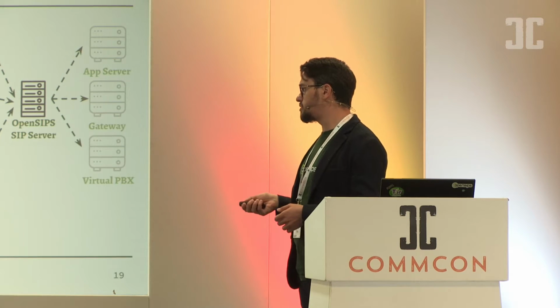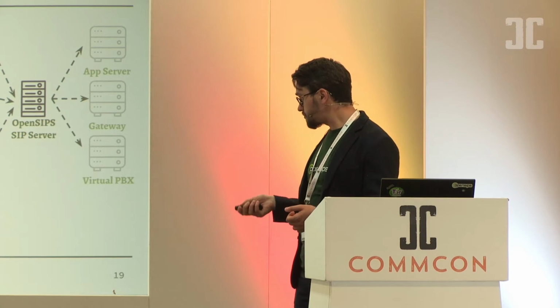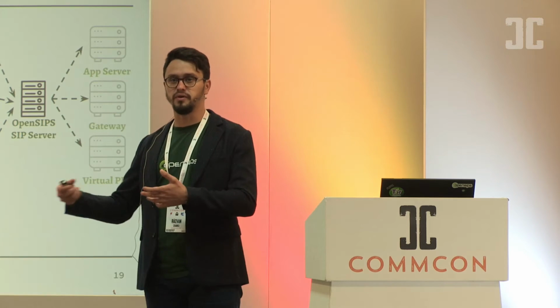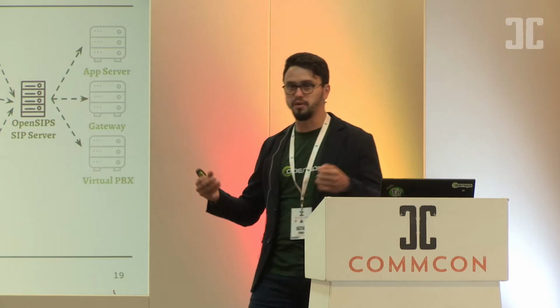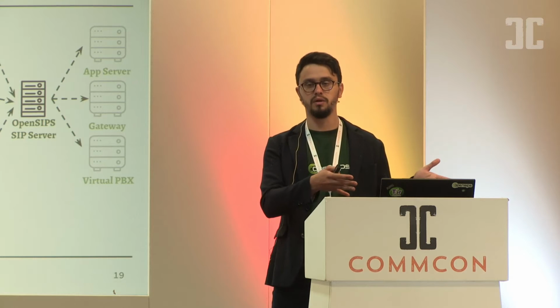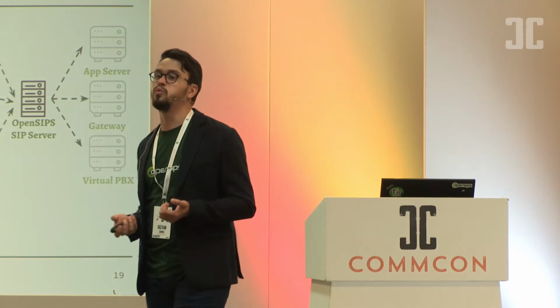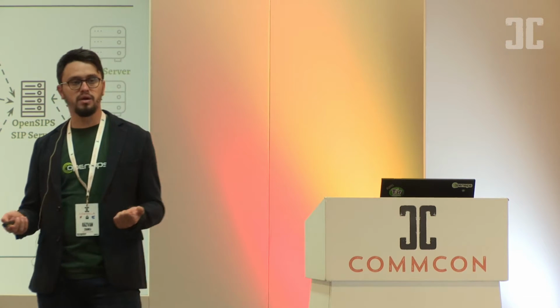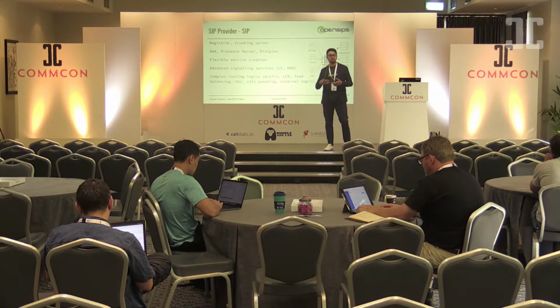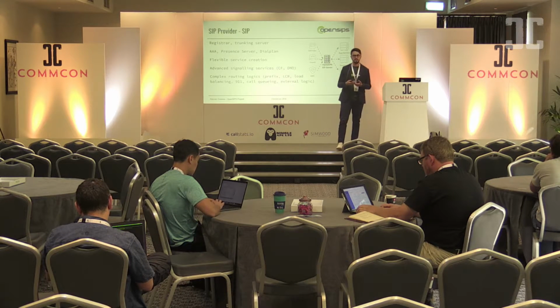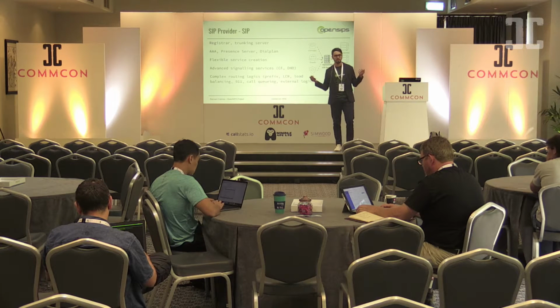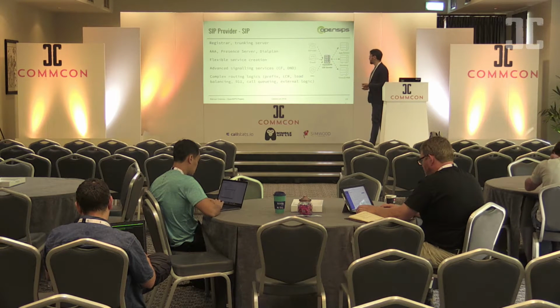And we can also use external logic to provide different services. For example, query an application logic in order to find out where a call goes. You can even write different scripts. You can write the logic in different scripting languages such as Lua, Python, Perl, and so on.